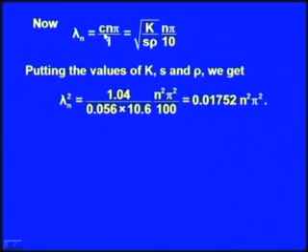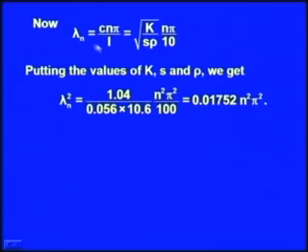We know that C is equal to under root k over S rho, because we had denoted k over S rho by C square. So, root k over S rho into n pi by L, where L is 10 here. Now, let us put the given values of k, S and rho here and determine lambda n.